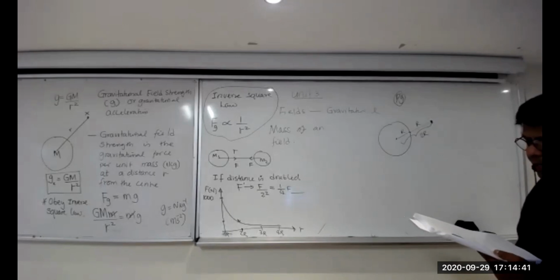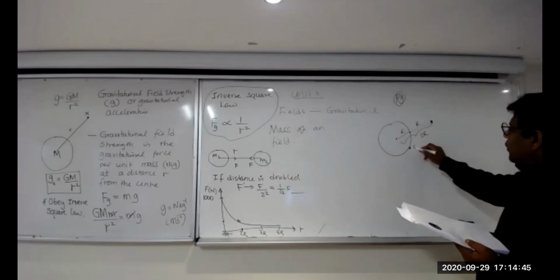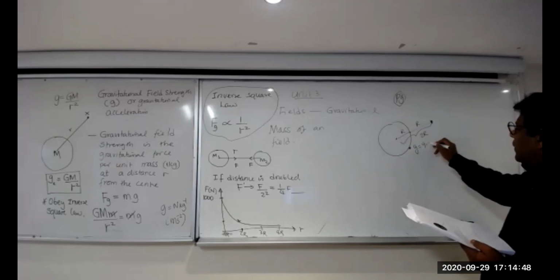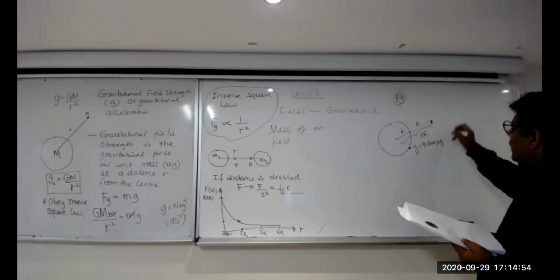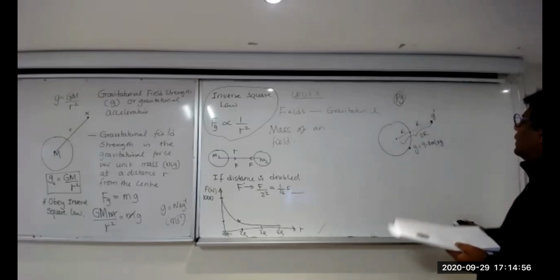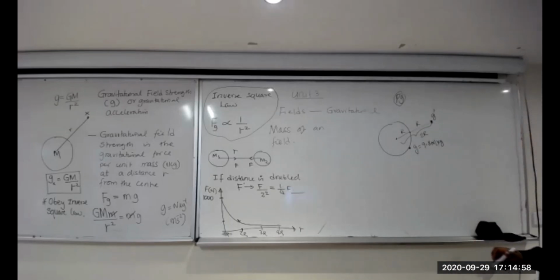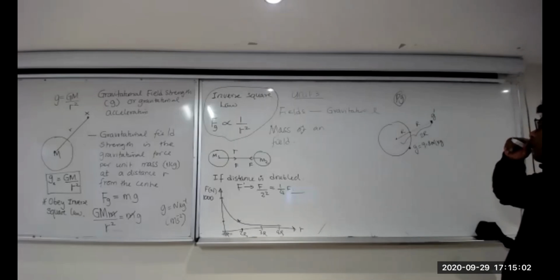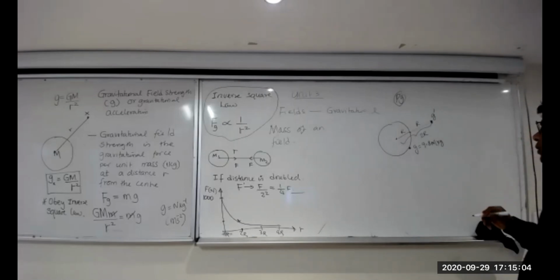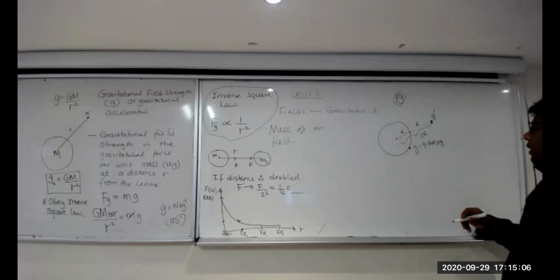How fast would it accelerate towards the Earth? On the surface, the value of g is 9.8. So they're asking for g dash there. By looking at the value, you can say it's double the distance, so it should be a quarter of the original one.